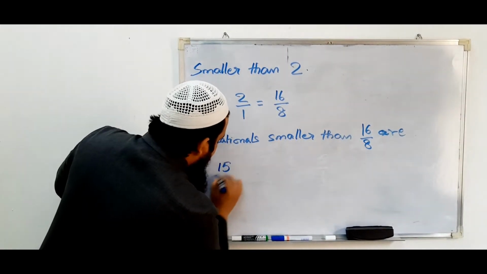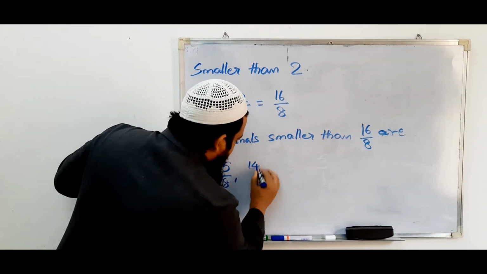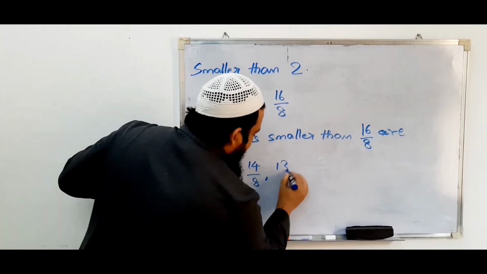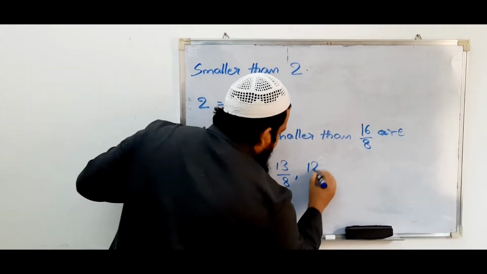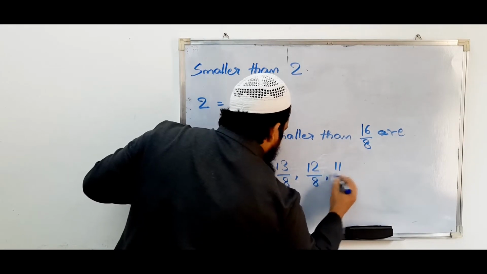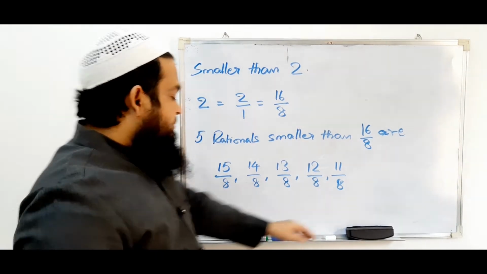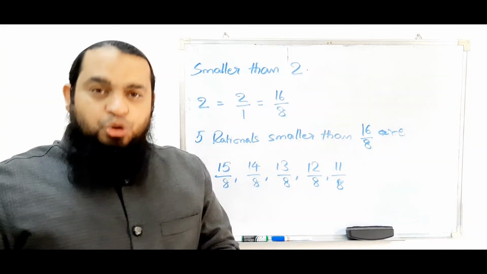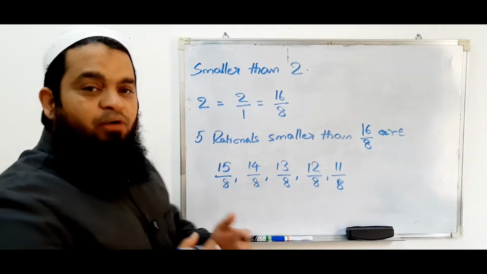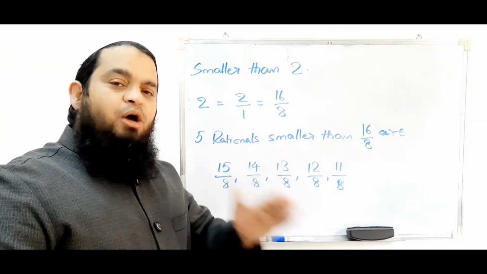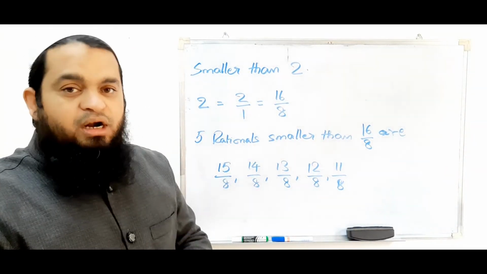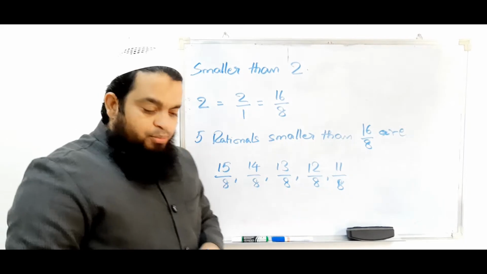It is 15 by 8, 14 by 8, 13 by 8, 12 by 8 and 11 by 8. So these are the 5 rational numbers which are smaller than 2. If you find out their values in decimals, the value will always be less than 2. I hope you understood.